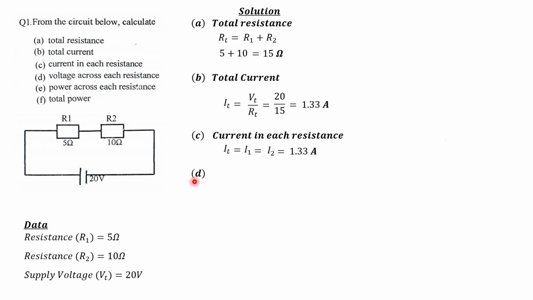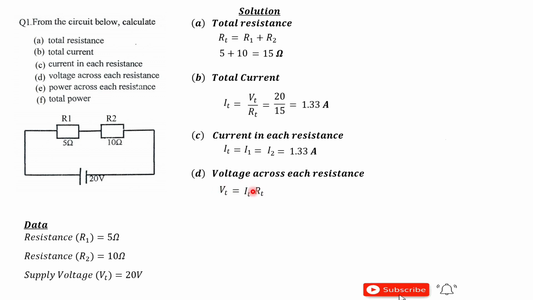All right, let's move on with D. We have to calculate the voltage across each resistance. The supply voltage, VT, is equal to the supply current times the total resistance. Therefore, V1, the voltage across resistance R1, is I1 times R1.